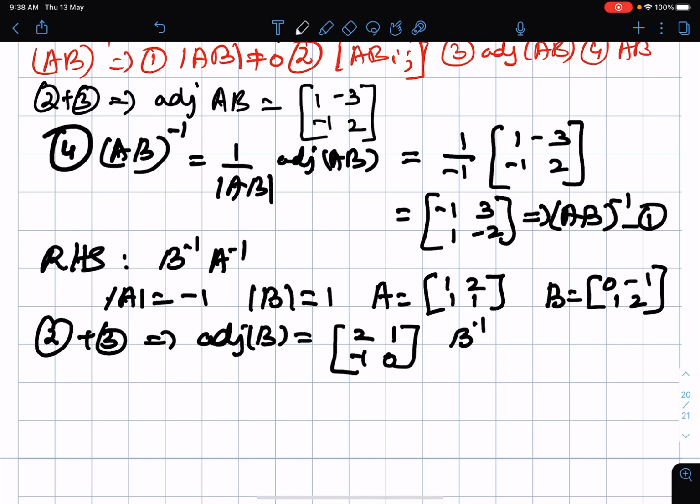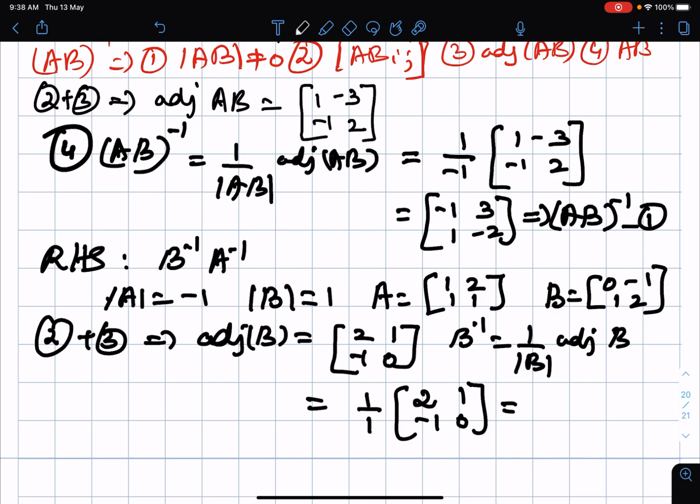So what is B inverse formula? 1 by determinant B into adjoint B. So your answer is going to be 1 by 1 into 2 1 minus 1 0. That is going to be 2 1 minus 1 0.